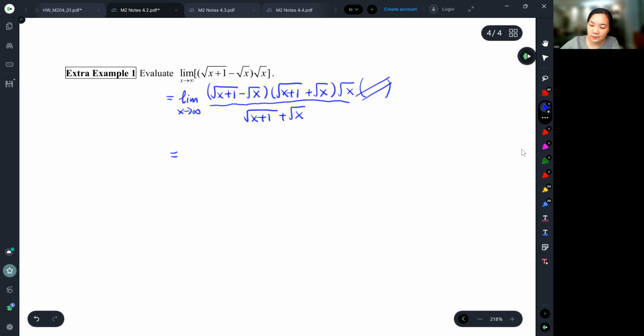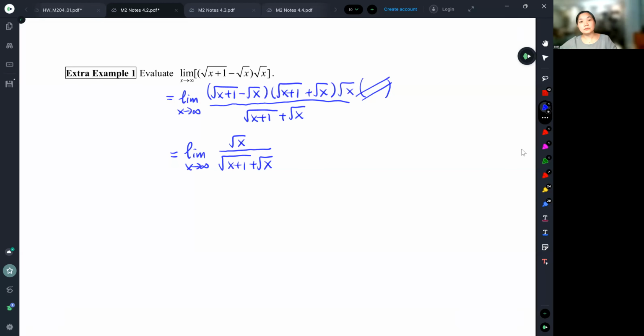And then you will keep this. This one is 1, right? So you have root x divided by this. Okay.